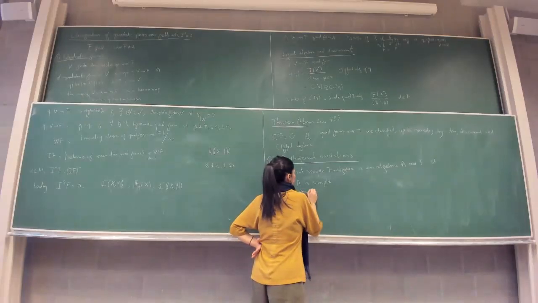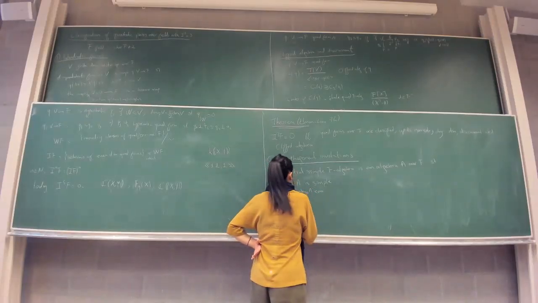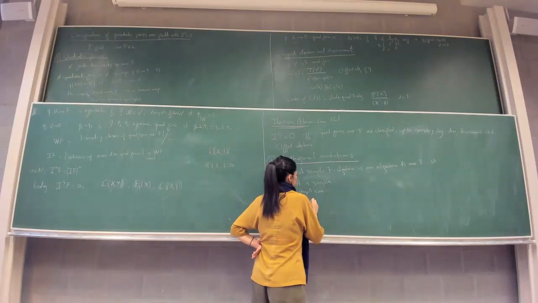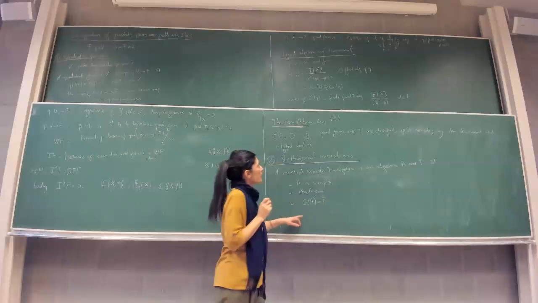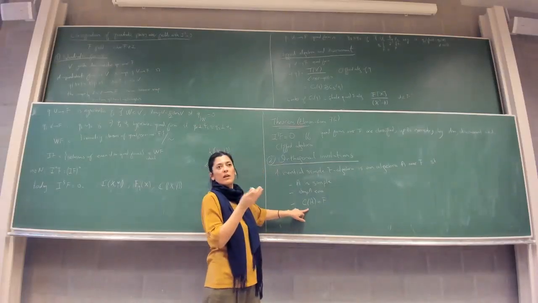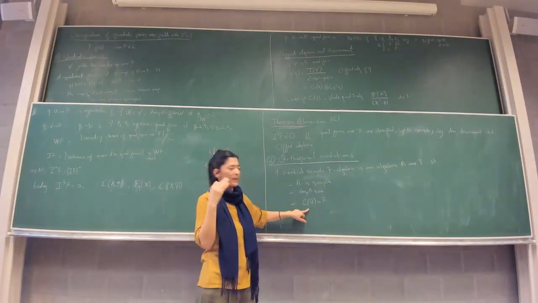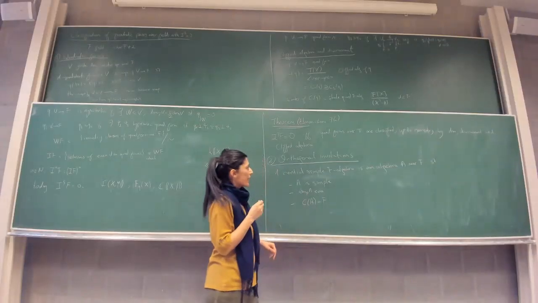The dimension as a vector space is finite, and the center, it already appeared, but I think I didn't say the center, I mean the elements that commute with everything, basically, the center consists of F.